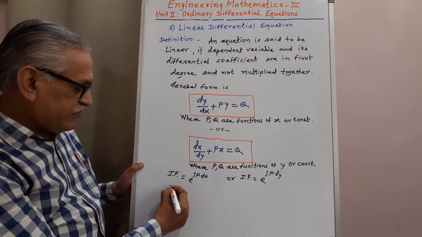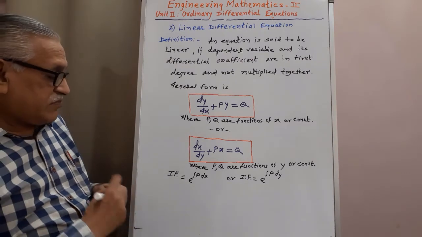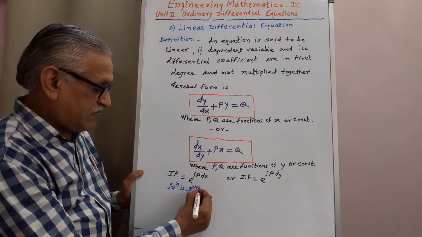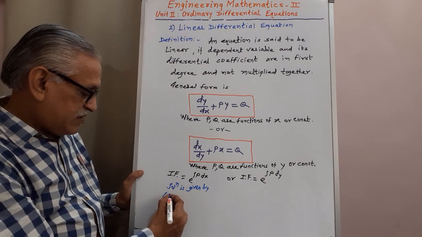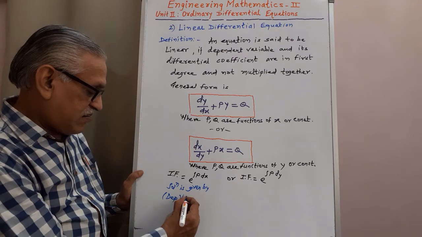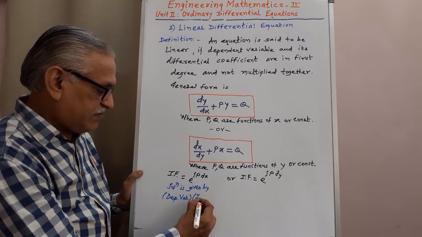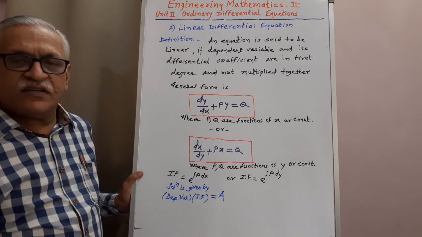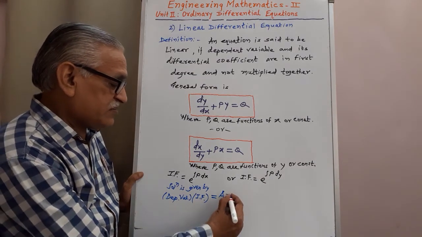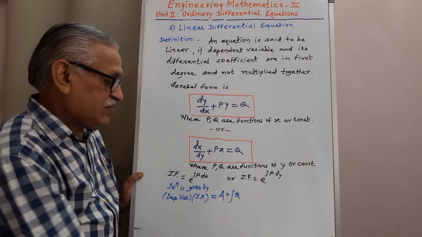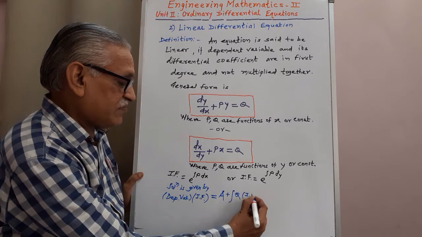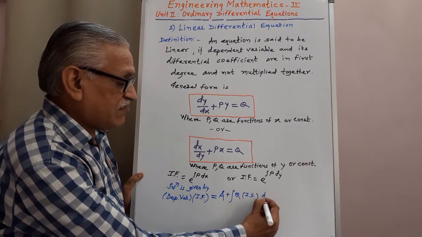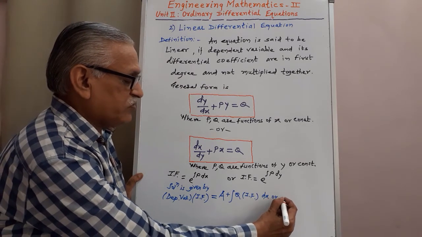And then the solution is given by the dependent variable multiplied by the integrating factor, i.e., y into IF is equal to a constant of integration, capital A or C, whatever you want you can use, plus integration of q into IF, the integrating factor, and then integrate it either with respect to x or with respect to y.